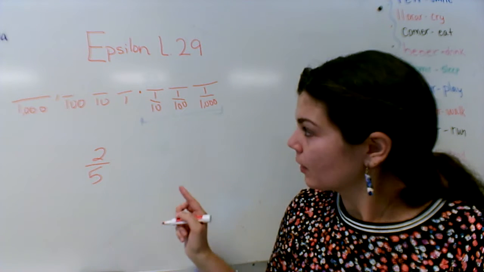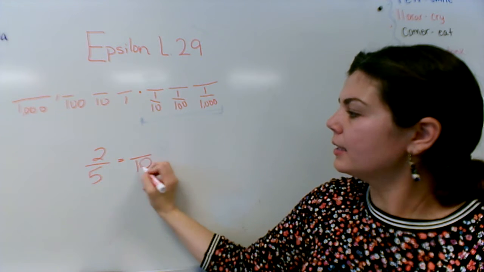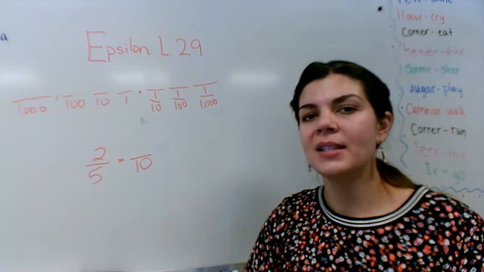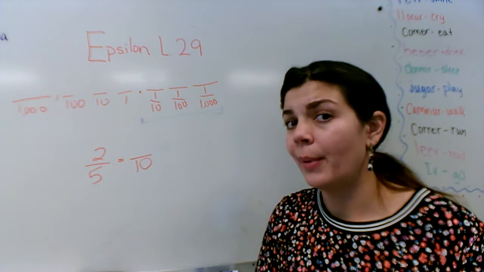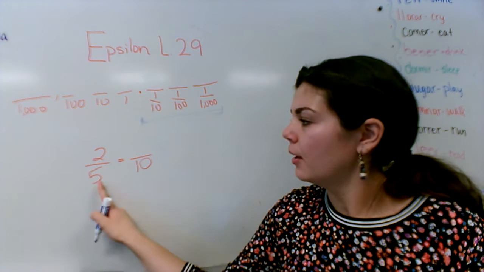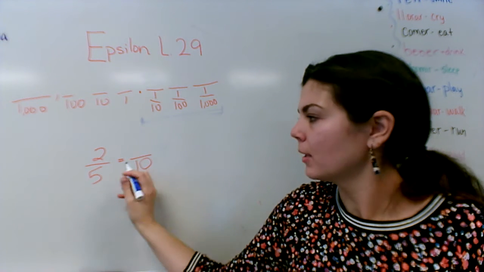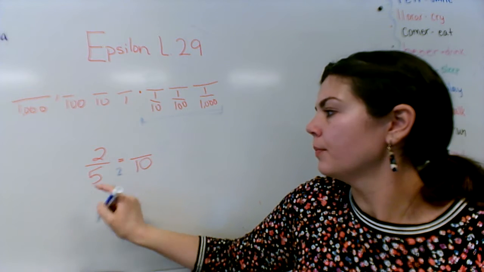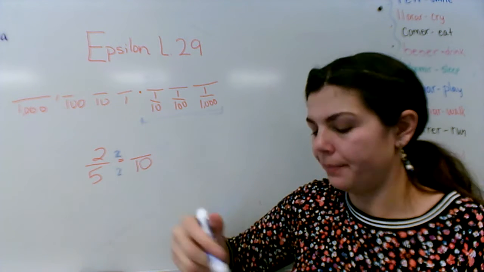I need it to be out of 10, so it fits in the tenths place. What do I need to do for my equivalency? 5 times what number is 10? 2. If I do it to the bottom, I have to do it to the top.